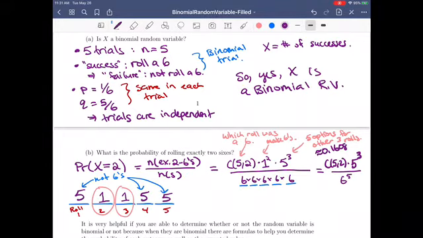But what I want to do is rewrite this from here. I'm going to take the 5 choose 2 down, and then group the other things. Notice on the top, I have 2 1s and 3 5s, so that's 5 things in total. And on the bottom, I also have 5 things. So I'm just going to group them: 1/6 twice, and then 5/6 3 times.